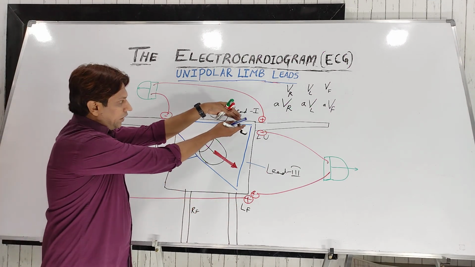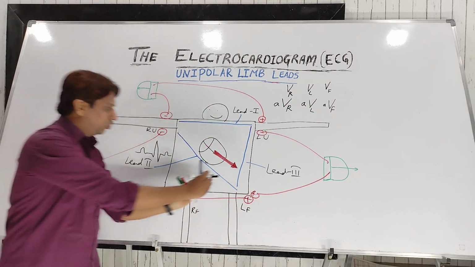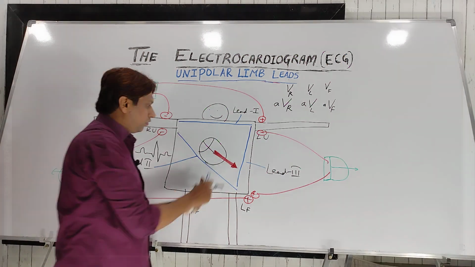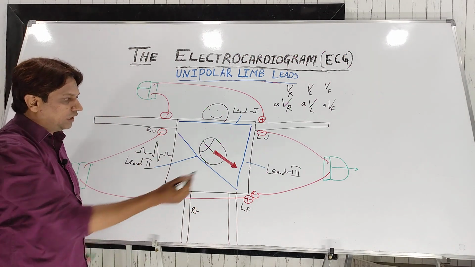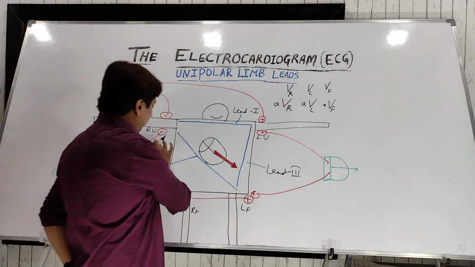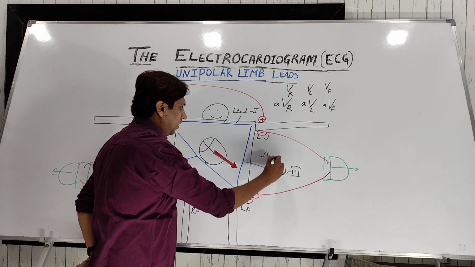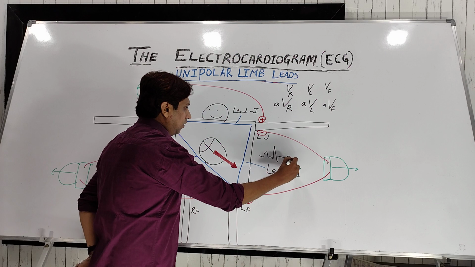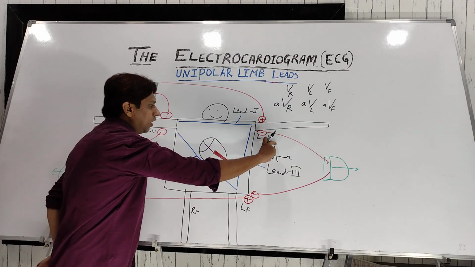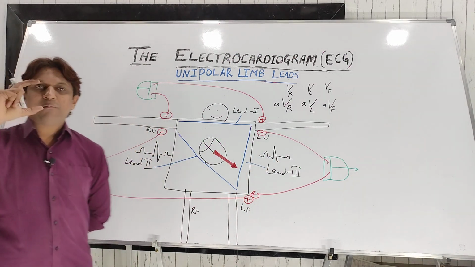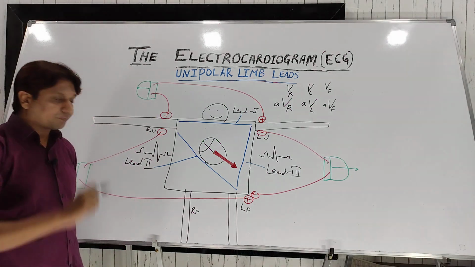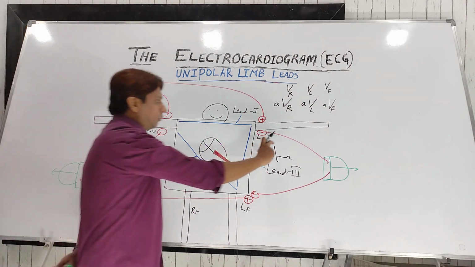So lead 1 will record in this axis, lead 2 will record in this axis, lead 3 in this axis. When you record the electrical activity in lead 3, it is again the same pattern, but the only difference is the magnitude will be smaller than this one, that is, the amplitude of the R wave and the other waves will be smaller.